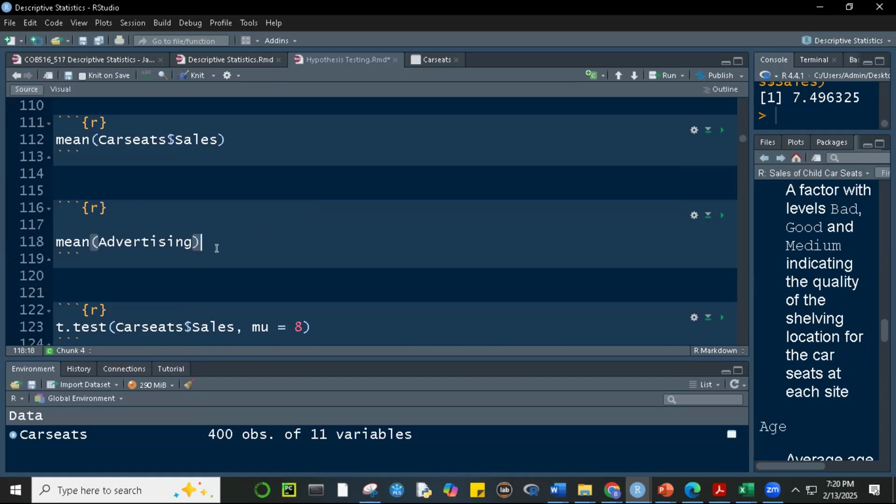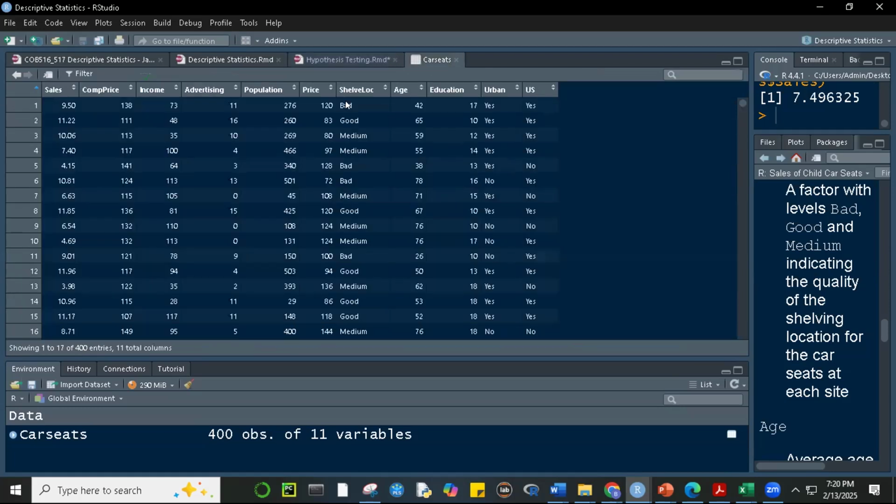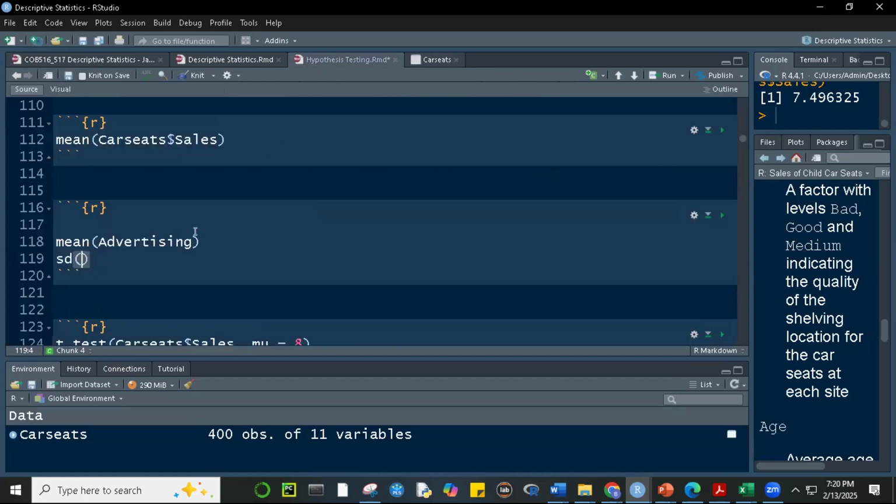For example, let's say I'm also getting the standard deviation of, let's say, population. Okay, so if you run this now, it will generate an error because advertising and population are not recognized.